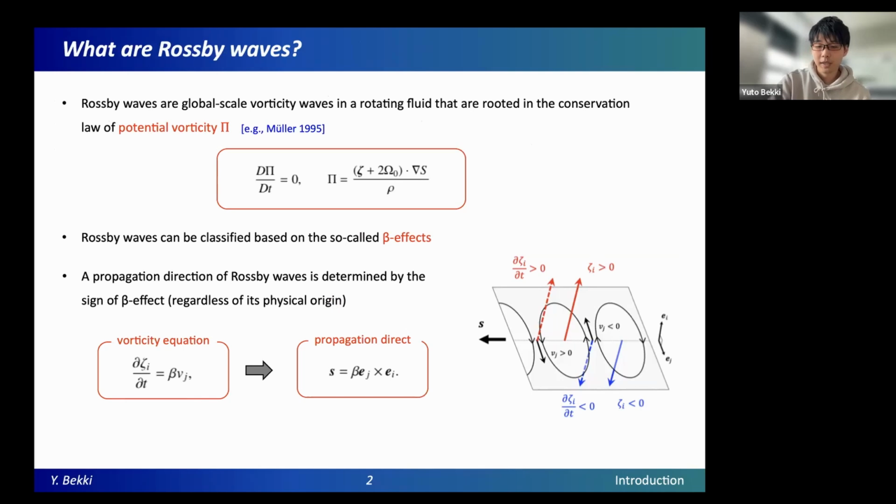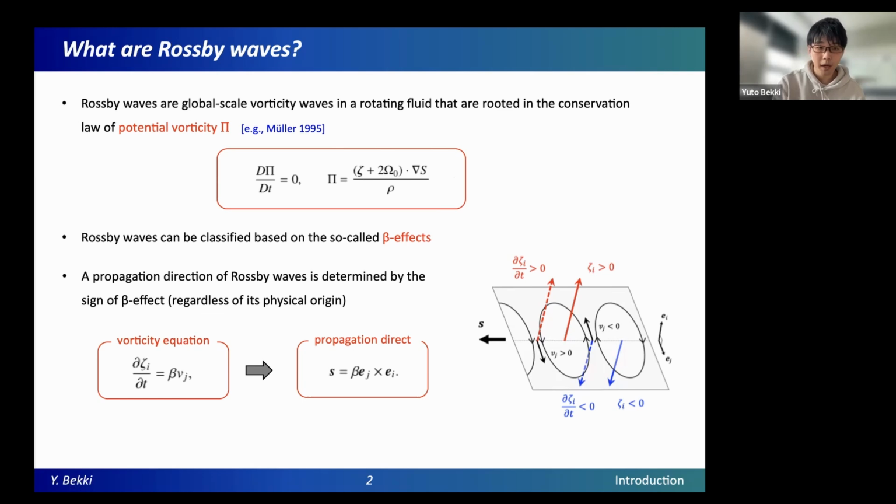What characterizes the Rossby waves is that they are global scale waves of vorticity arising from the conservation law of potential vorticity. The potential vorticity is defined by this. It's a component of the absolute vorticity divided by background density.